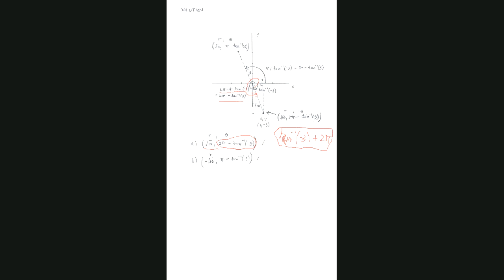If the radius is negative, you're going to have to use negative square root of 10, because the radius is the radius is the radius. If the positive radius was square root of 10, then the negative radius would be negative square root of 10. But then you have to find the right angle that will work.